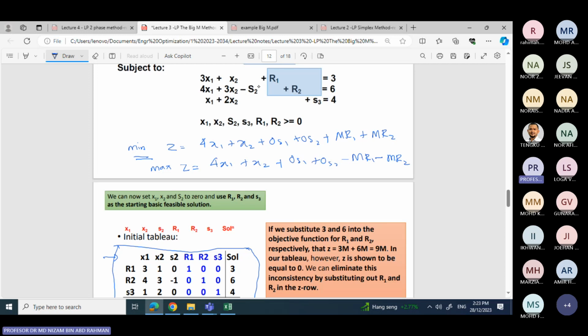The question: why is S2 not part of the initial basic solution? Why do you use R2 as the basic variable for this particular constraint rather than S2? Anybody?